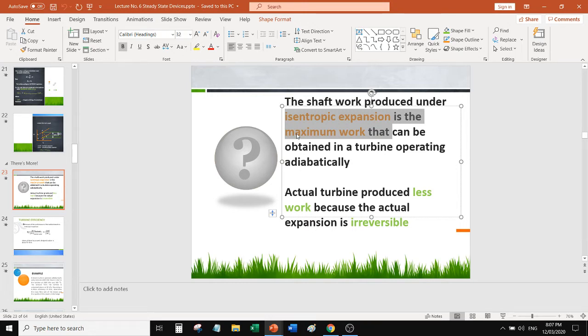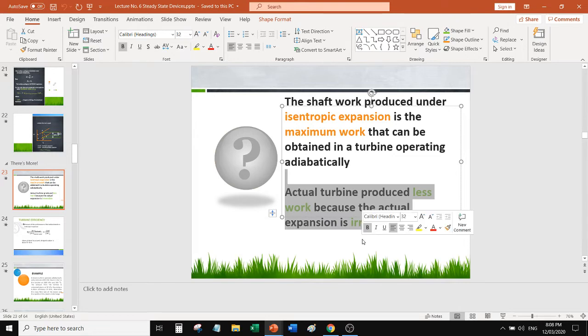Maximum in the sense that we cannot really achieve it in real life, since isentropic is not possible in real life, but we can approach it. Maybe in the far future, when we make a super efficient isentropic turbine. But right now, we can only approach it.